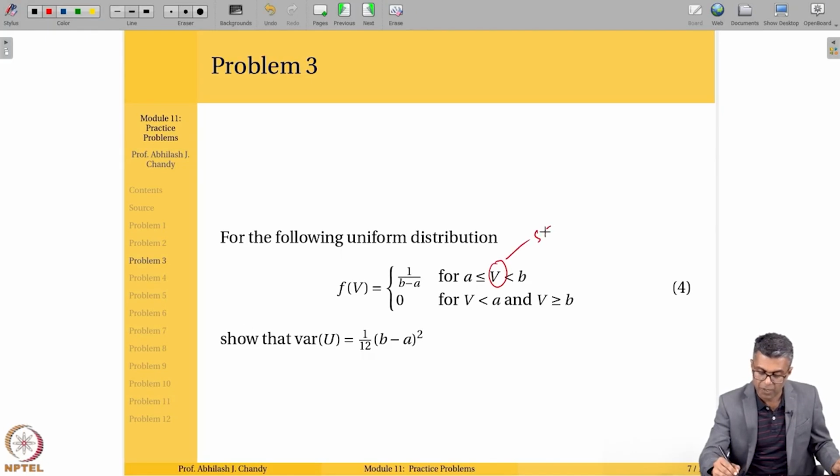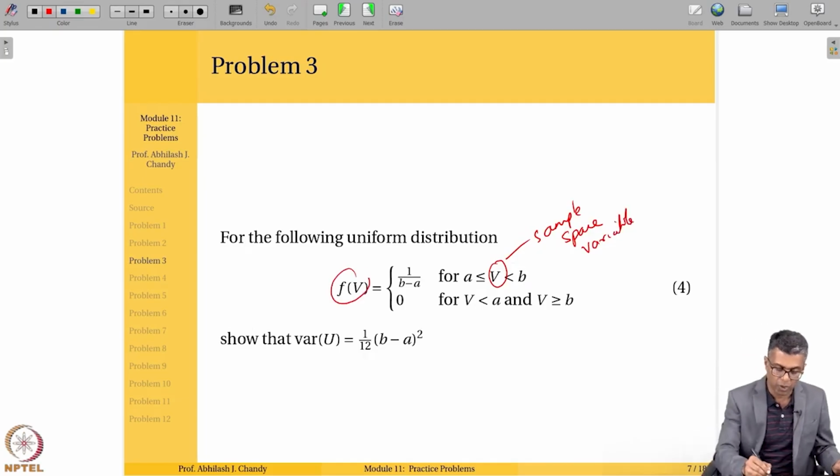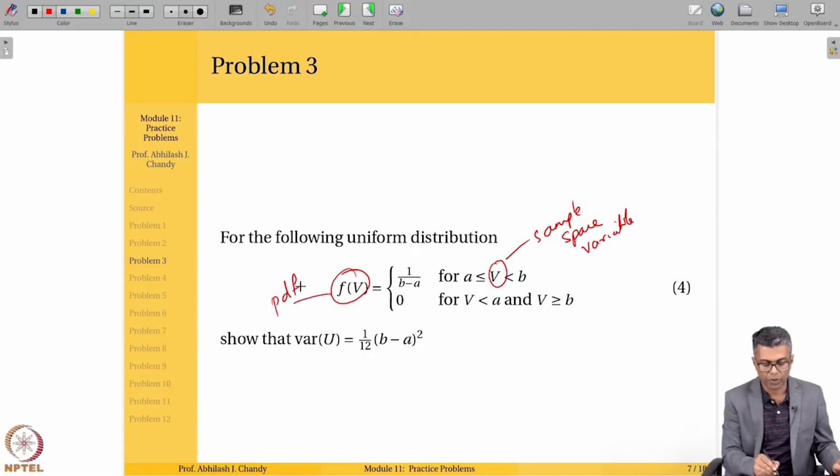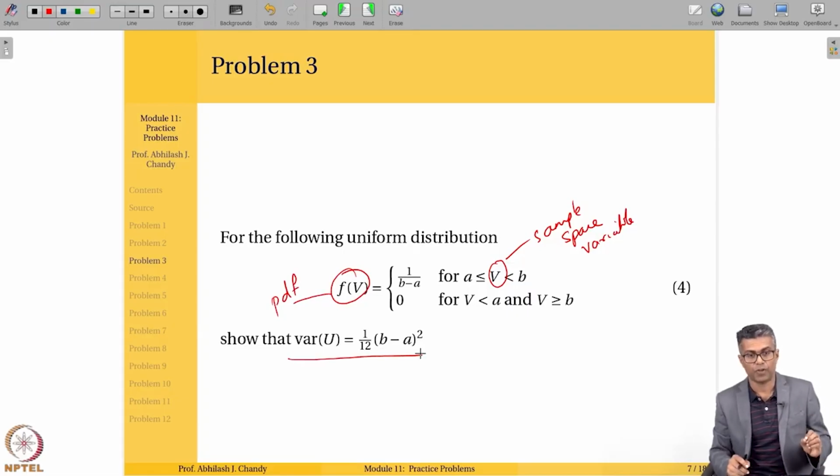V is the sample space variable, remember? F of v is the PDF, probability density function. You have to show that the variance of u is 1/12 (b minus a) the whole squared.